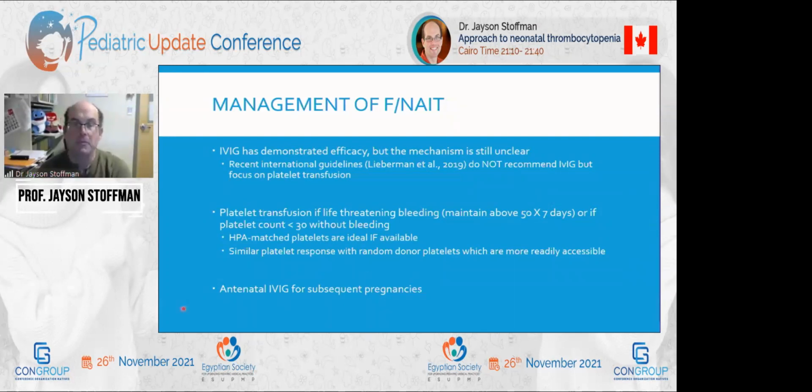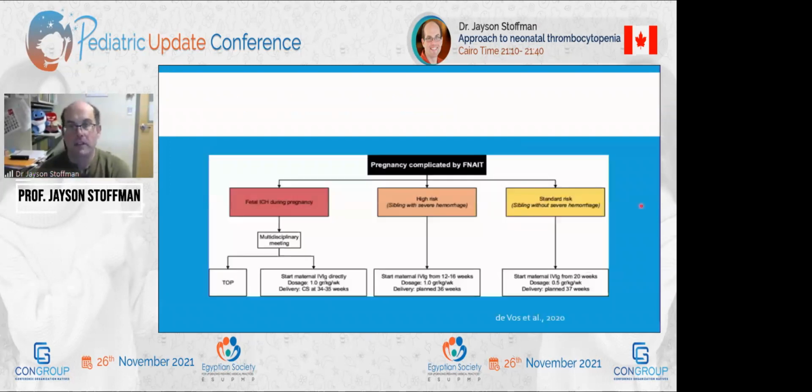And then the last part is the prevention of subsequent pregnancies. I just want to share, this is a flow chart that came out of the same study from the PYRAMID, which looks at what was your previous experience with FNAIT. They suggest the worst case scenario, if you had fetal intracranial hemorrhage during the pregnancy, you should make a decision whether to either terminate or immediately start maternal IVIG.